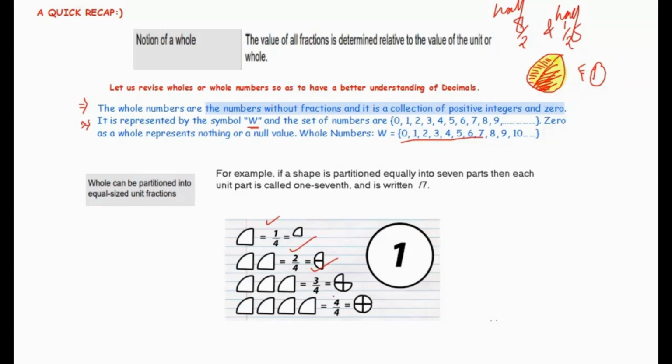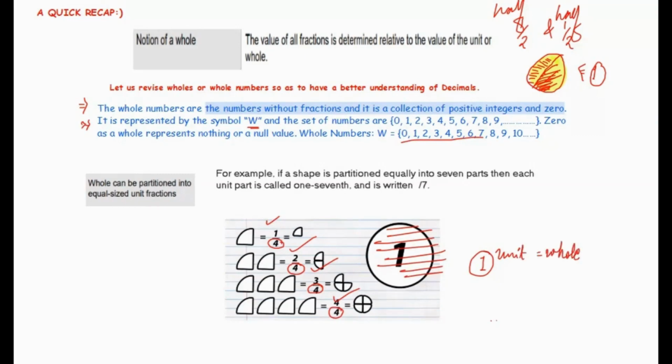Here the whole is 4 parts, which means this circle is full when it is 1 unit, it is whole.